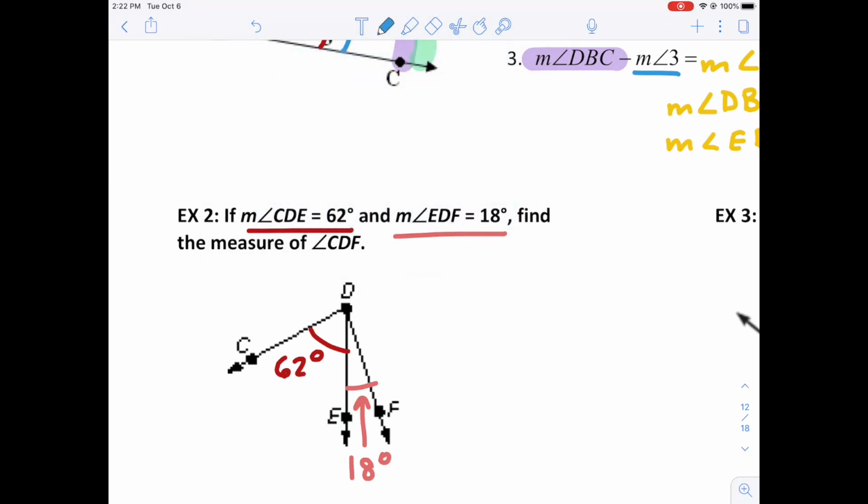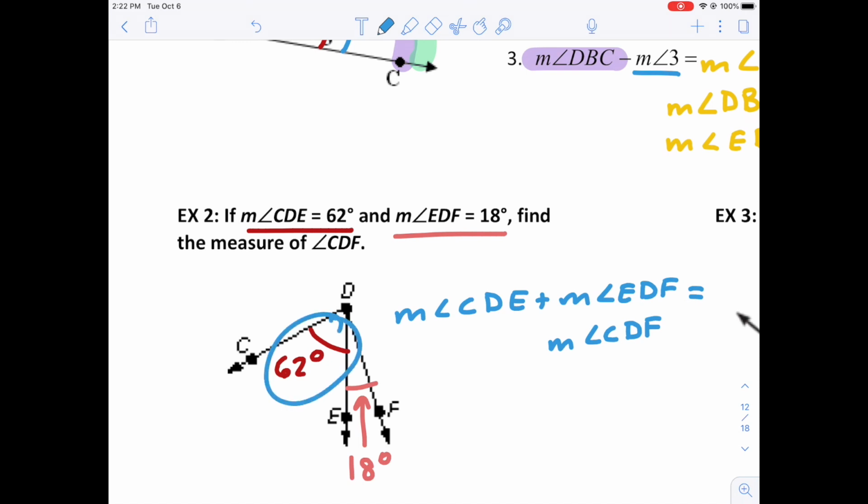Part plus part equals whole. So measure of angle CDE plus measure of angle EDF equals the whole, which would be the measure of angle CDF. If I'm moving too fast, pause the video and think about that for a second. I just added up the red angle plus the sort of pinkish angle, and I should get the total angle.